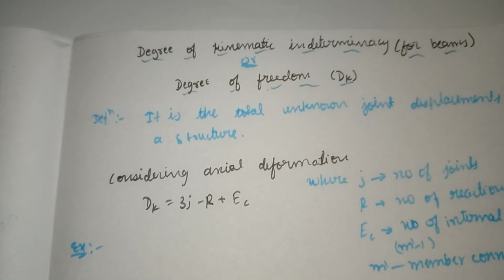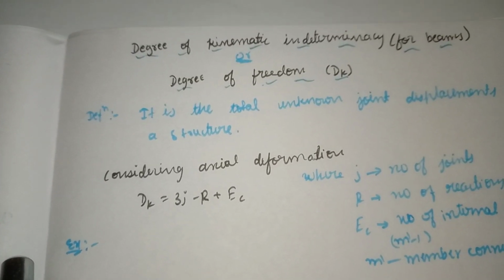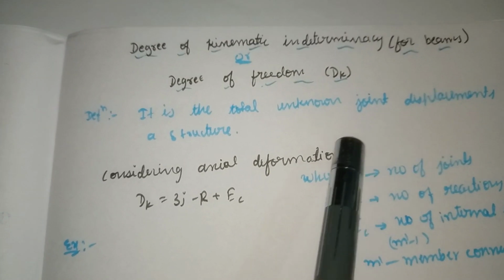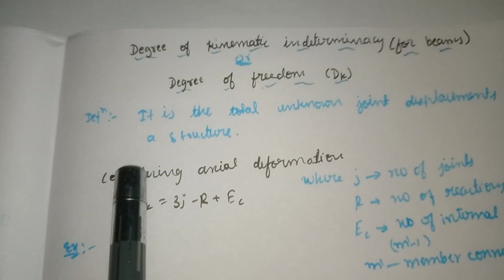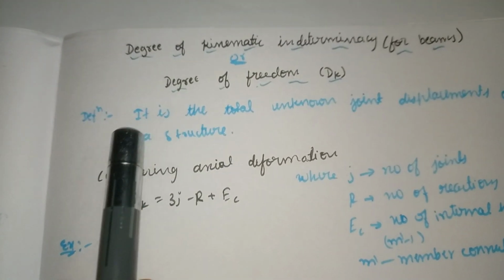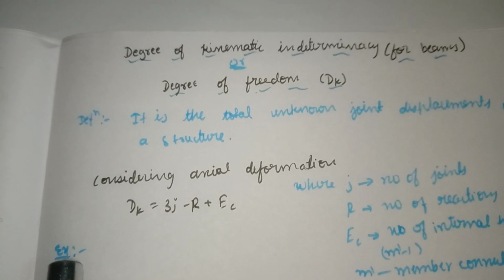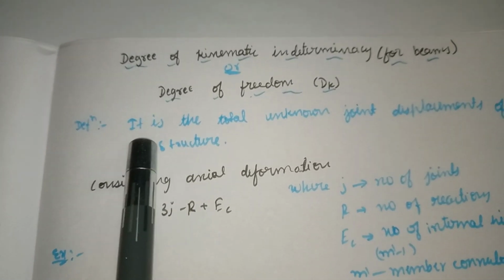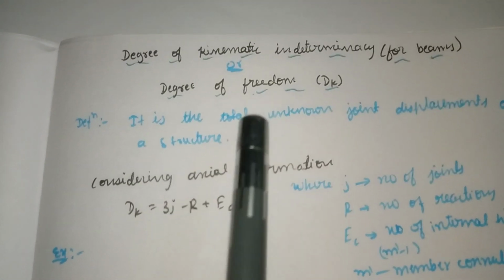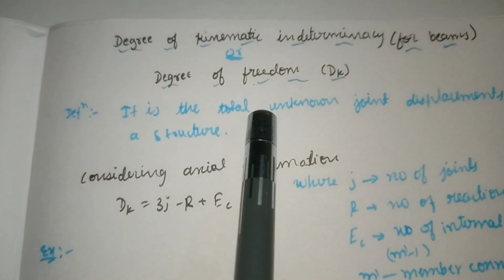So now we are moving to degree of kinematic indeterminacy, and before that we'll see what is degree of kinematic indeterminacy. Degree of kinematic indeterminacy is also called degree of freedom.